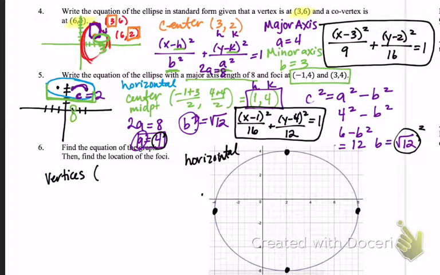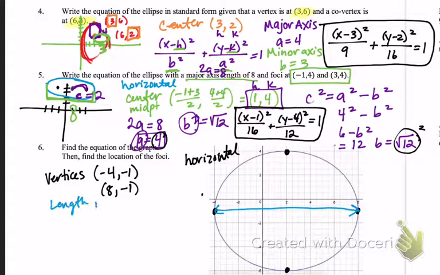So I have, for vertices, -4, -1, and 8, -1. So the distance from -4 to +8, or the length of my major axis, is going to be 12.